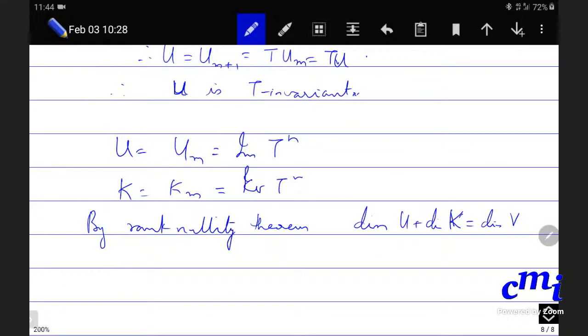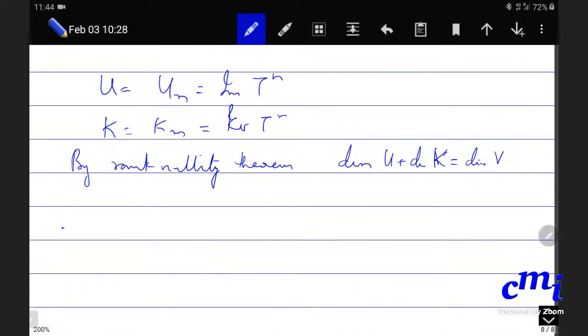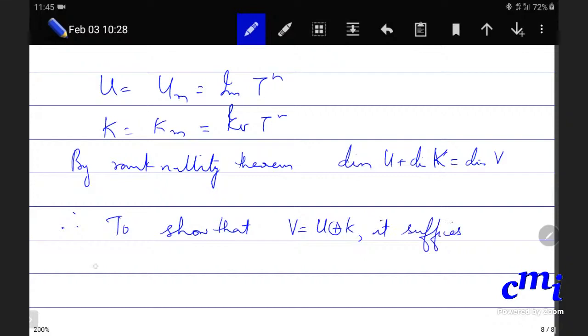If you prove that they have trivial intersection, then they must generate the whole space. So to show that V is U direct sum K, it suffices to show that U intersect K is 0.